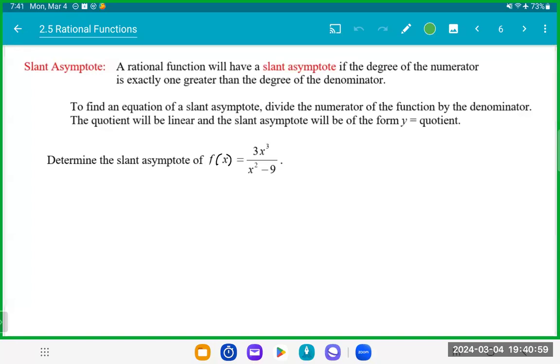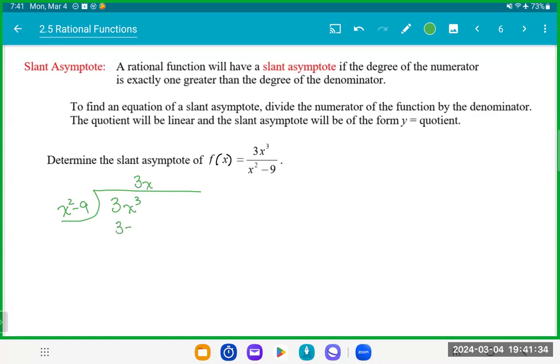So when we want to find the equation of a slant asymptote, we really just divide the numerator of the function by the denominator. And the quotient will be that linear slant asymptote. Okay. So in this case, we have x squared minus 9 divided by 3x cubed. So what is going to go here? We need 3x.